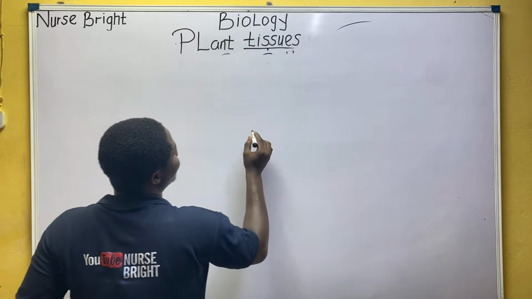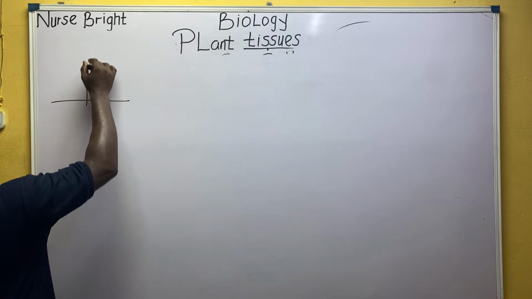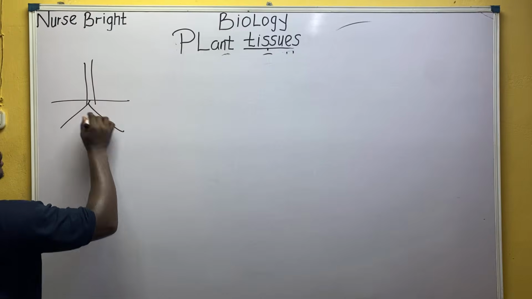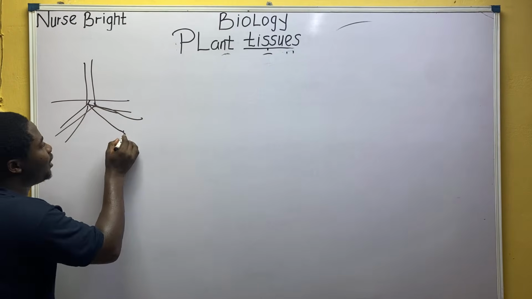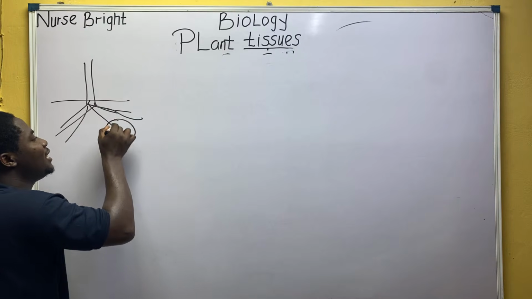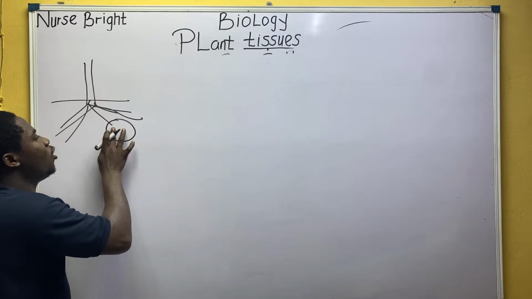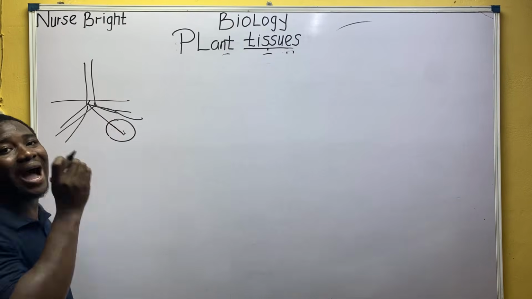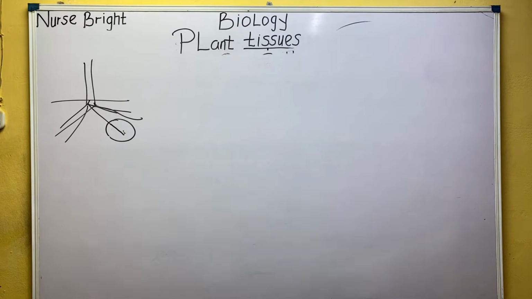If I'm to draw a diagram now, this is the soil, and this is a plant. You already know that these are the roots. This is the root of a plant. Let us zoom into this root, just one part. Let us zoom into the root of a plant.